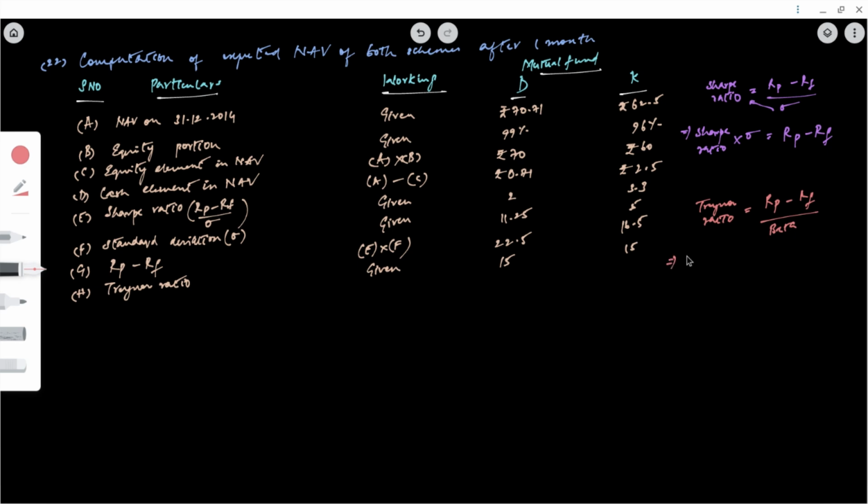Therefore, if beta goes here and Treynor ratio comes here, beta is equal to Rp minus Rf by Treynor ratio, right? So we have Rp minus Rf and we have Treynor ratio. So we can find out beta.